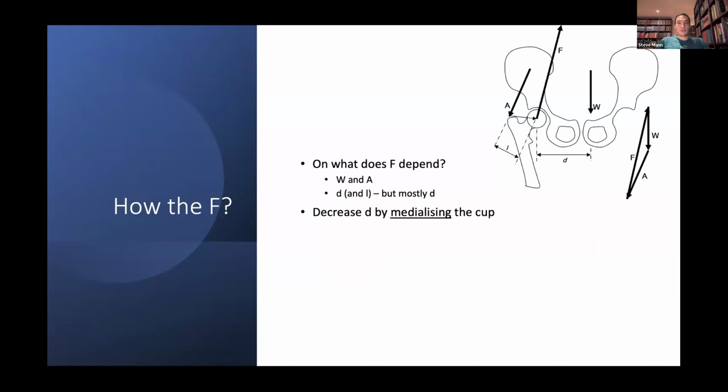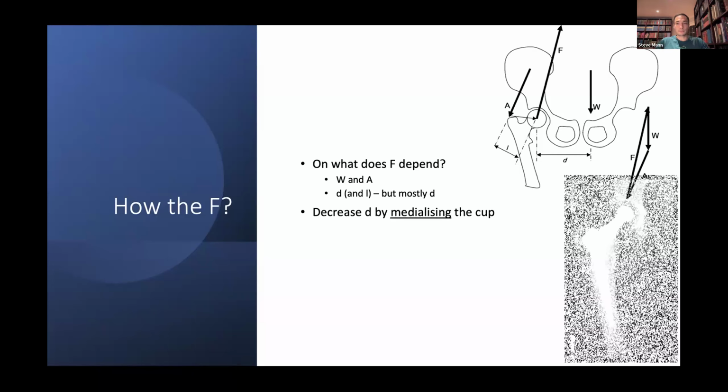So he wanted to decrease that lever arm or moment arm of the body weight by taking the cup as medially as he possibly could.